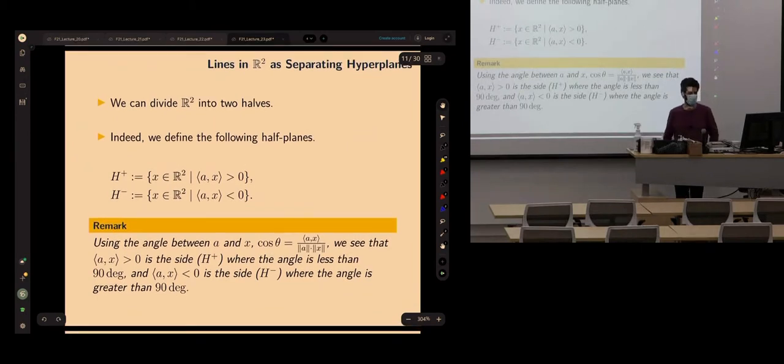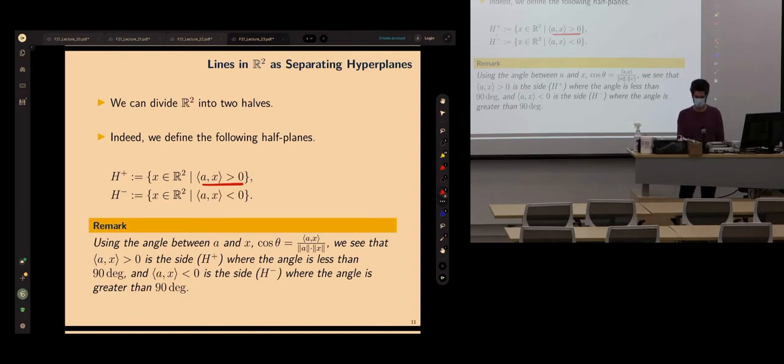So we learned that we can divide R2 into 2 halves. When the inner product is positive, we get one half, which we call H plus. If it's negative, we get the other half.